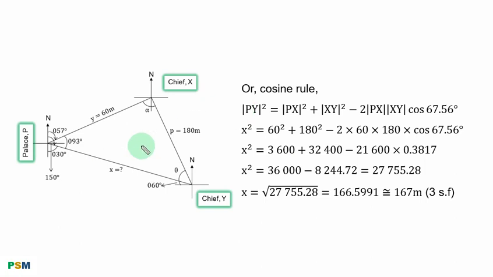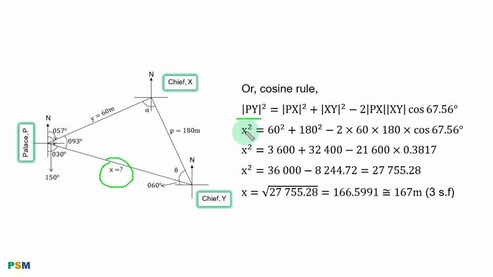We are to get Py. So you have Py square is equal to sum of squares of the other two sides minus 2 times the products of the other two sides times cosine of the angle facing Py. That is alpha equal to 67.56 degrees.